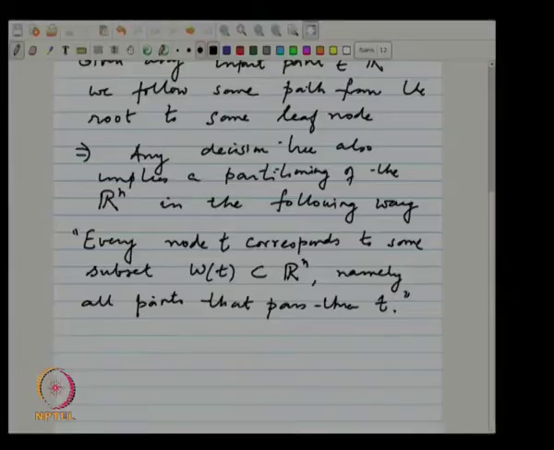Eventually, of course, the leaf nodes correspond to all those points in R to the power n that reach that leaf node. Likewise, for any other internal node, any point that reaches that node corresponds to that particular node. So, W of T corresponds to the node T.